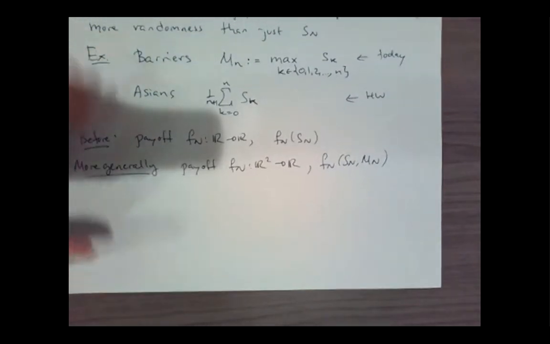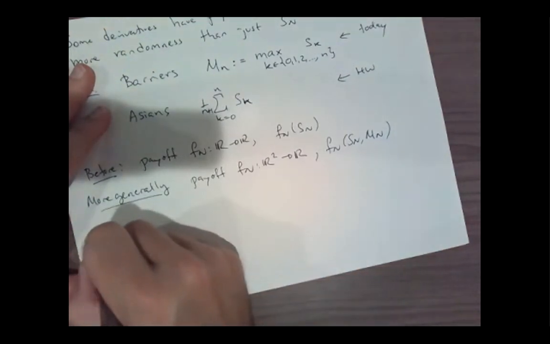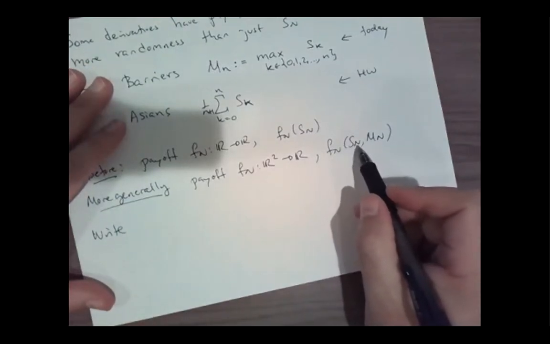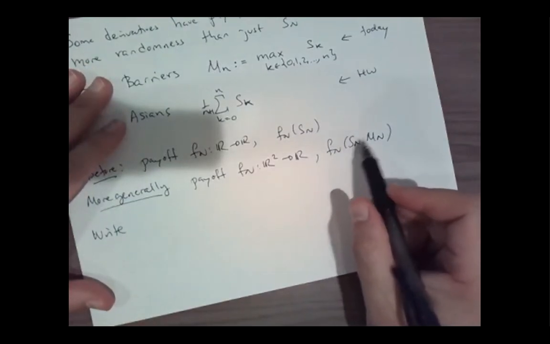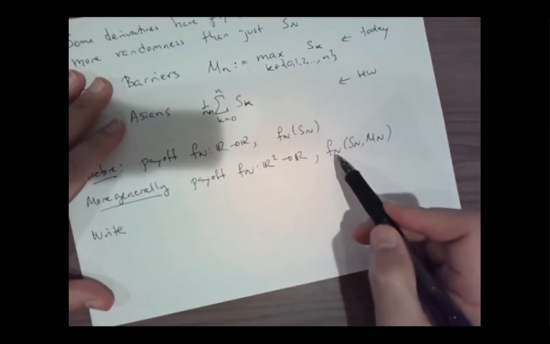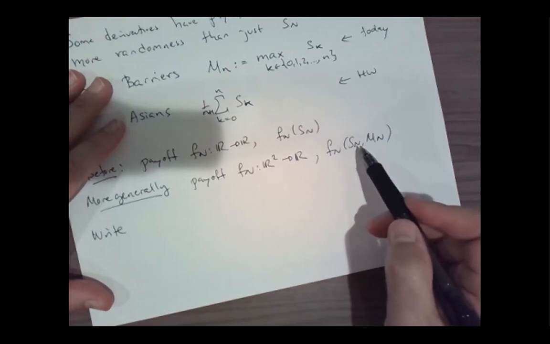So how do we do it? Well, the key step, the starting point, is to write, that's how it always is, the random quantities in terms of something that is measurable with respect to the previous time point and something that is independent of the previous time point, right?